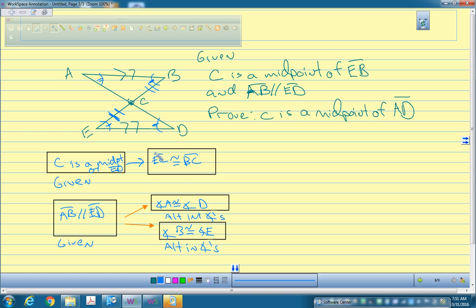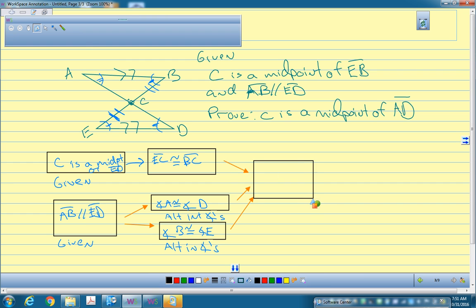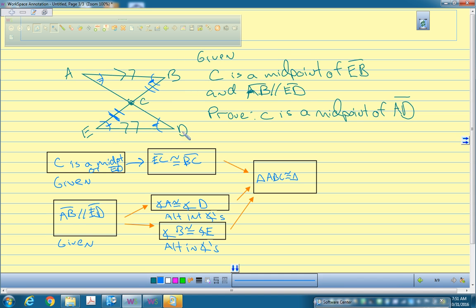Now I have a side and an angle. So I could put these three things together into a box, and say, therefore, triangle ABC is congruent to triangle DEC. I'm going to call this one DEC to keep the correspondence, right? If I call this ABC, I should call this DEC.